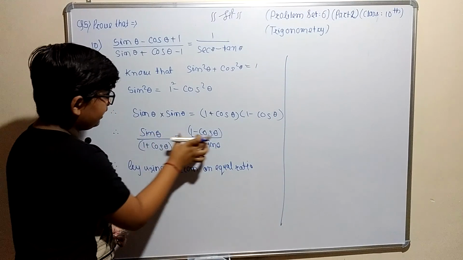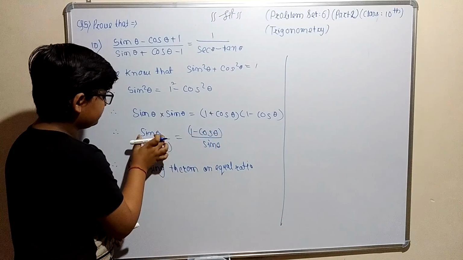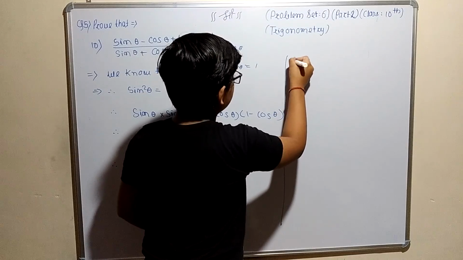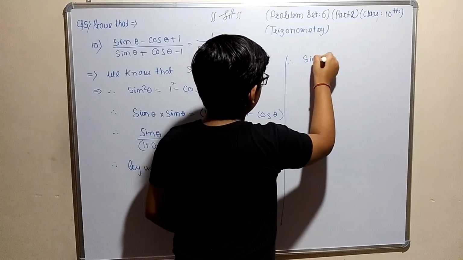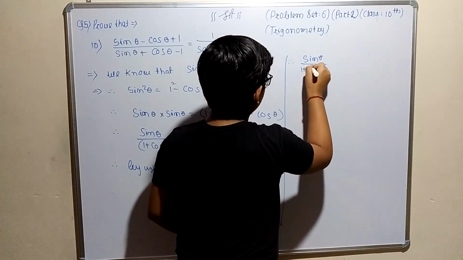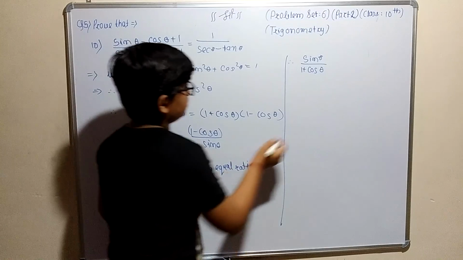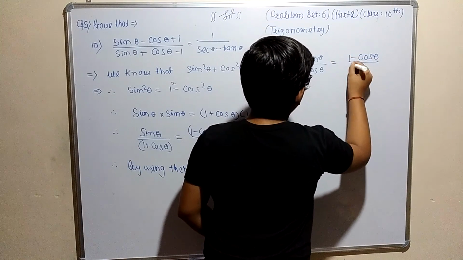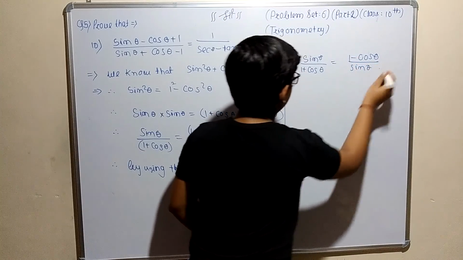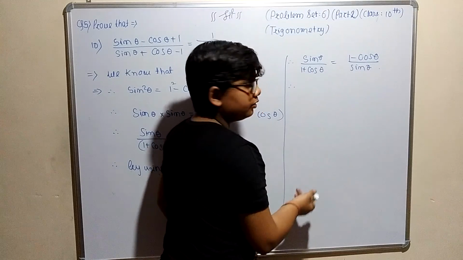So we have sin theta divided by 1 plus cos theta is equal to 1 minus cos theta divided by sin theta.